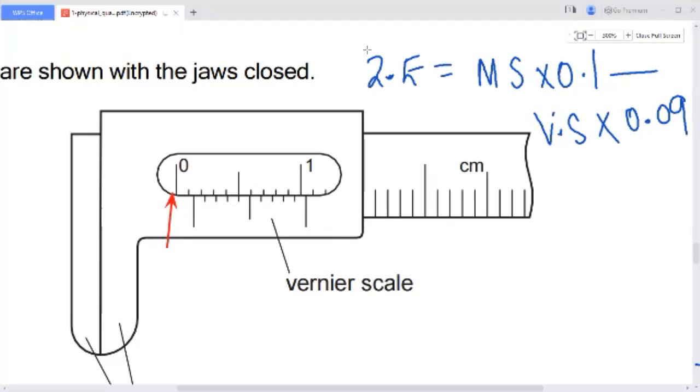So see, here is the main scale 0, and you can see this line, the main scale reading line and the Vernier scale reading line, both are matching here. So I think 1 2 3 4 5, there are 5 lines.